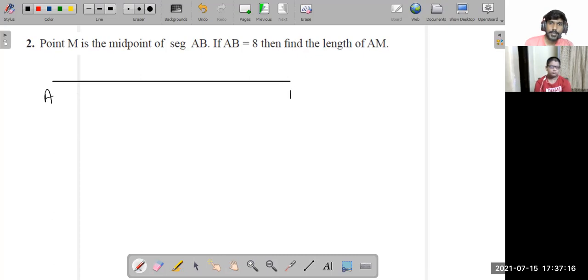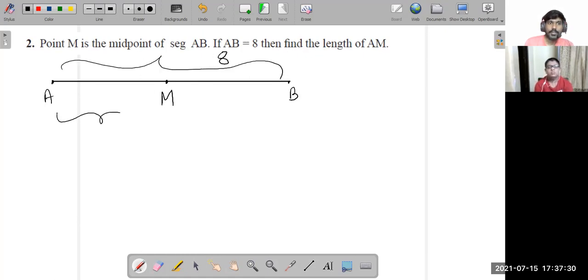A and B. And M is the midpoint of AB. So if AB is 8, you have to find out the length of AM. Have you understood the question? Okay, without solving, can you tell me what will be the length of AM? 4. 4, correct, 4. But here we'll have to do some working.